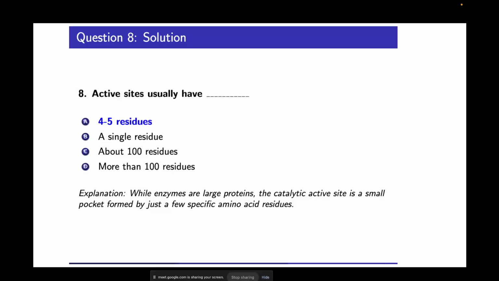Also, it is conformationally very flexible, in that the enzyme shape change can be induced very easily if you have a very small number of residues. These small sites will allow for a mechanism of induced fit of the enzyme, which is basically the enzyme changing shape slightly upon binding with the substrate.